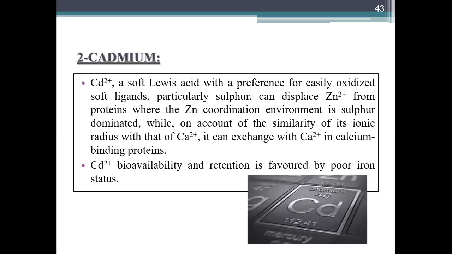Cadmium. Cadmium, a soft Lewis acid with a preference for easily oxidized soft ligands, particularly sulfur, can displace zinc from proteins where the zinc coordination environment is sulfur dominated. On account of the similarity of its ionic radius with that of calcium, it can exchange with calcium in calcium binding proteins. Cadmium bioavailability and retention is favored by poor iron status.